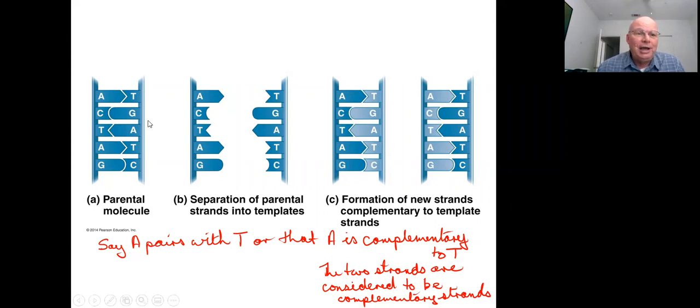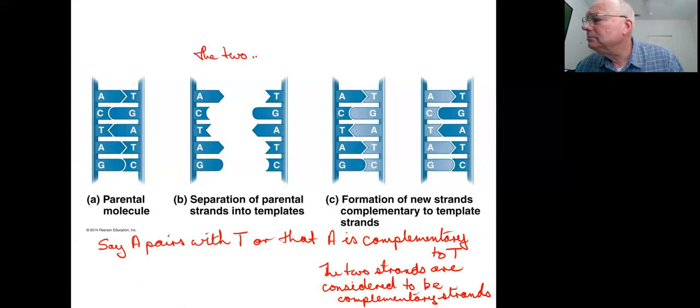So we start with our DNA, our double-stranded DNA molecule, the parental molecule. We unzip the strands. And in fact, that's the technical term that is used.